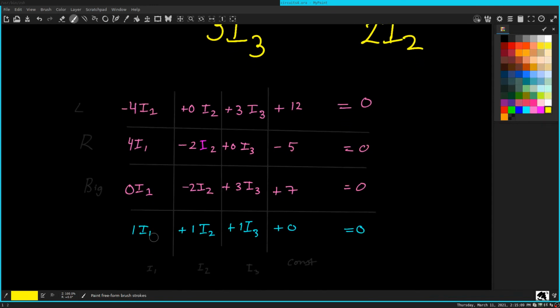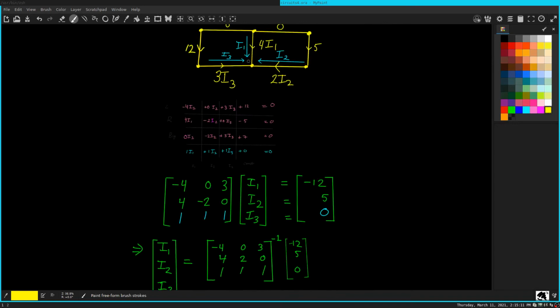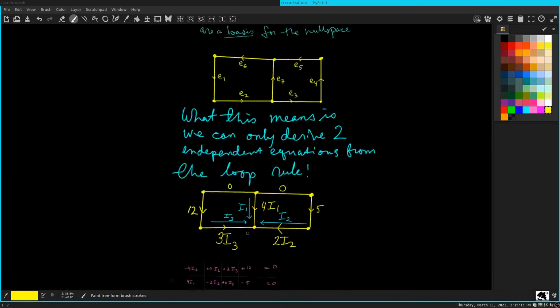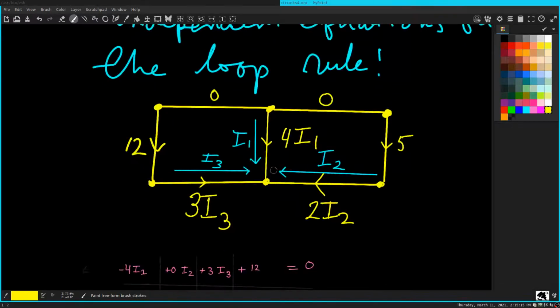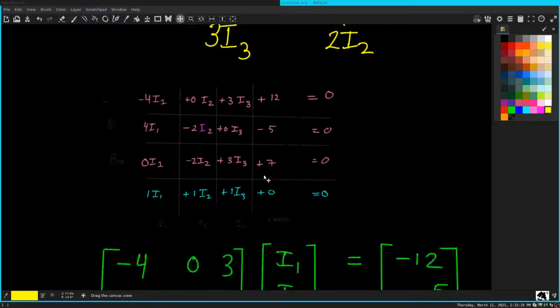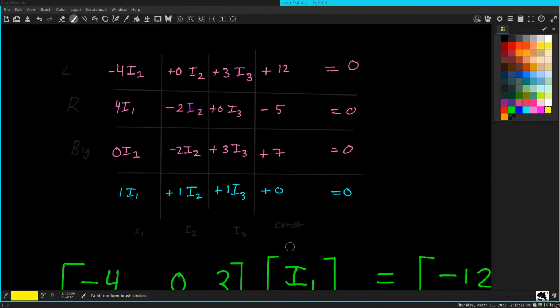So that's why you need the junction rule. There are three currents entering this vertex and no current leaving it, so I1 plus I2 plus I3 is equal to 0. So I'm going to take the left, the right, and the junction rule and put those into a matrix.